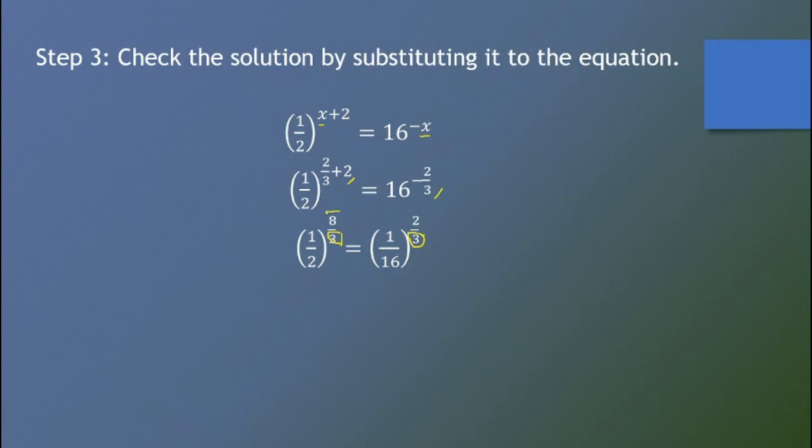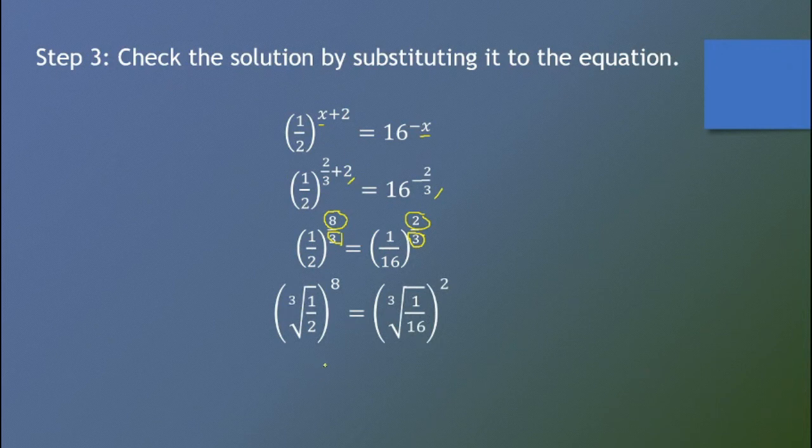And yung nasa numerator naman, siya yung magiging exponent. So, magkakaroon tayo dito ng cube root of 1/2 raised to 8. And then dito sa kabila, magkakaroon ng cube root of 1/16 raised to 2. Ganyan yung mangyayari. Okay? For the denominator, siya yung magiging index.